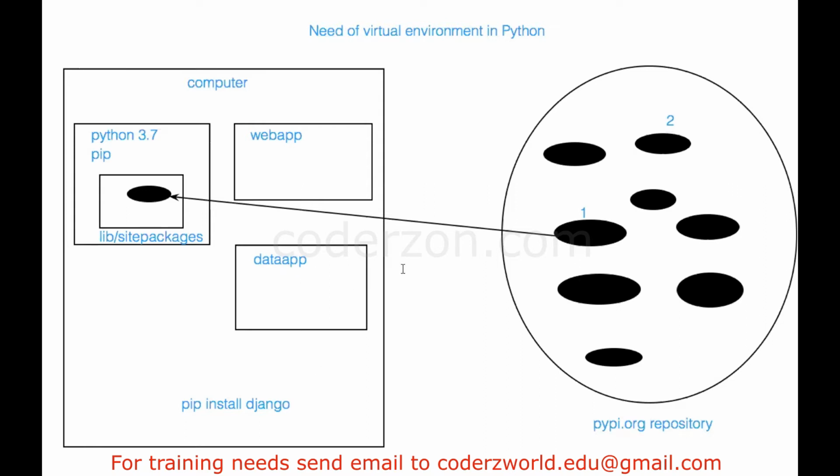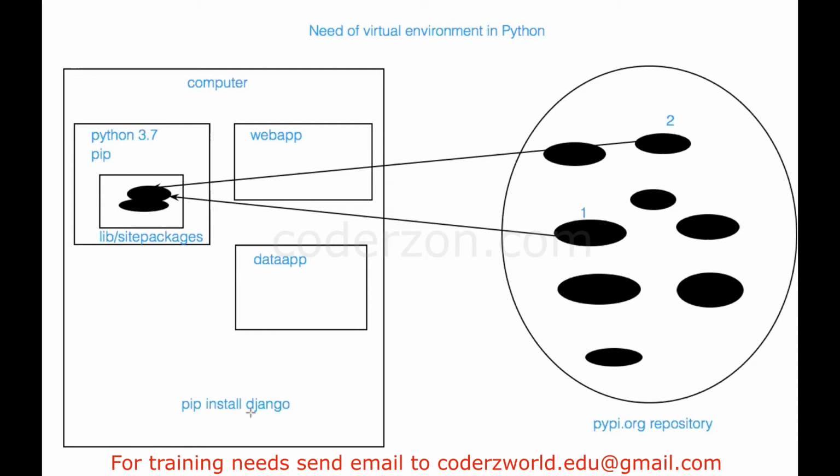If you do that, there is a chance of overwriting existing files here. Some of the files may get overwritten. So this project may work and that project may not work. That is one of the problems we generally face if we use the global Python location for installing packages using pip. I hope you got the problem.